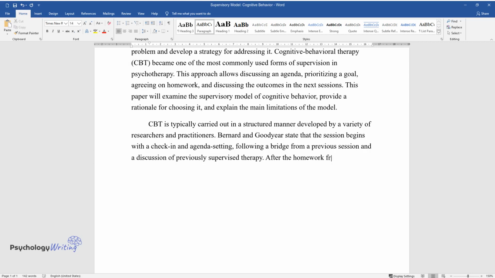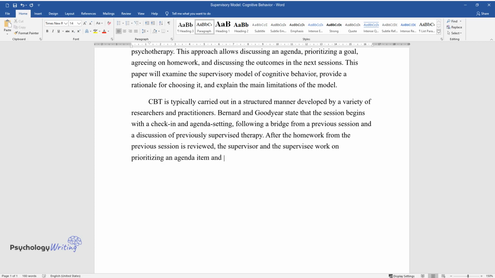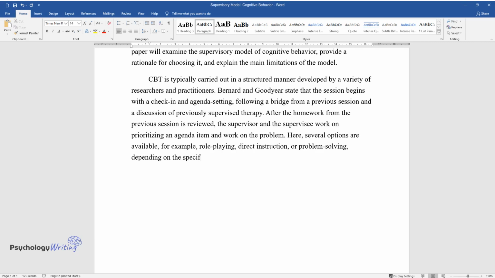After the homework from the previous session is reviewed, the supervisor and the supervisee work on prioritizing an agenda item and work on the problem. Here, several options are available, for example, role-playing, direct instruction, or problem-solving, depending on the specifics of the case.